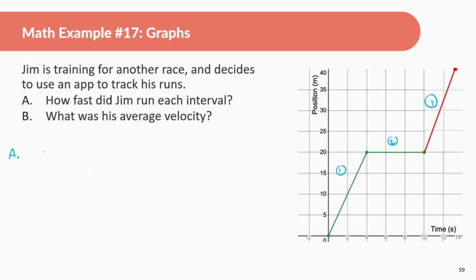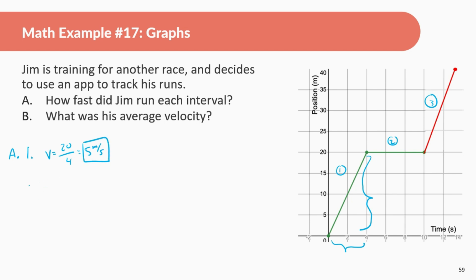But here we go. So part 1, I'm not going to go through all the steps anymore. I'm just going to go through it a little bit more quickly. So number 1, we can see that the rise is 20, going from 0 to 20 meters, and the run is going from 0 to 4 seconds. So this is just going to be equal to 5 meters per second.